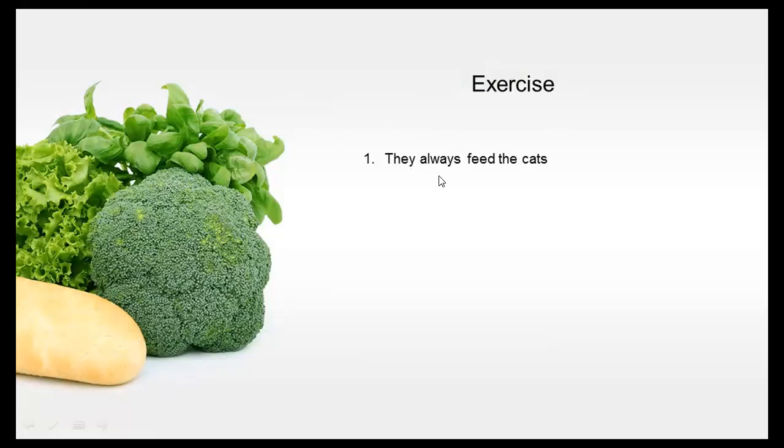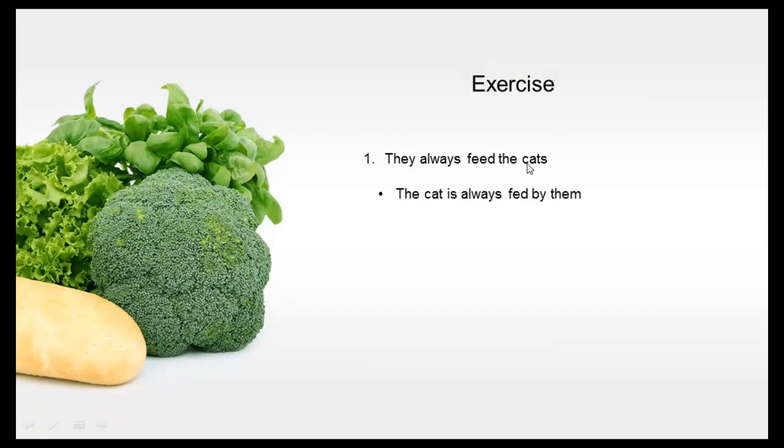This is the simple present because there is the word always in this sentence. They always feed the cat. How do we change it? The cat is always fed by them. The object is cat, the verb is feed, and the subject is they.